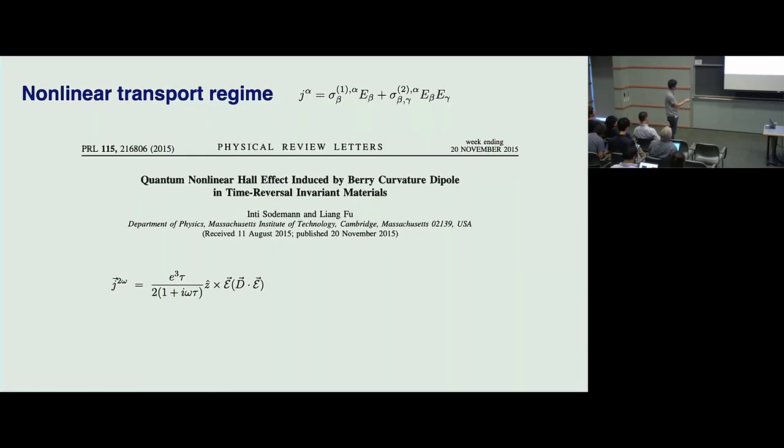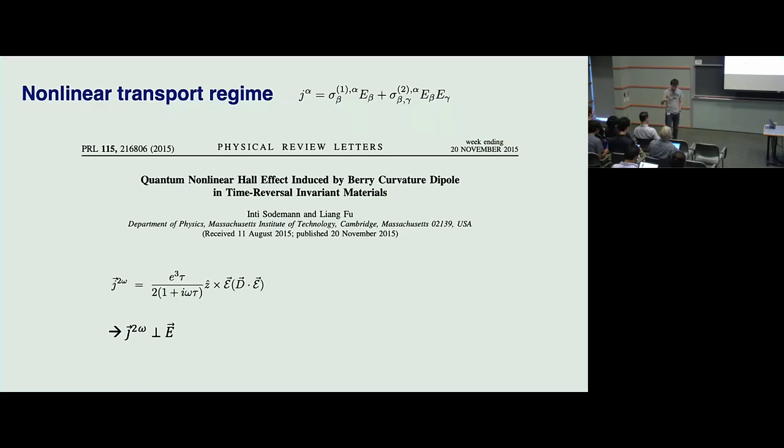The nonlinear current is quadratically dependent on the local electric field, right? But there are two things we should say about this order parameter. First, based on this, the quadratic or nonlinear current is always perpendicular to the local electric field, right? This is exactly comparable to the linear Hall effect. The current is non-dissipative.